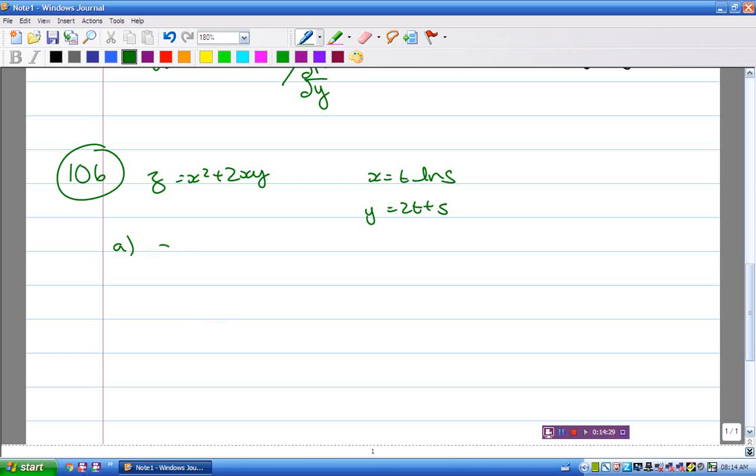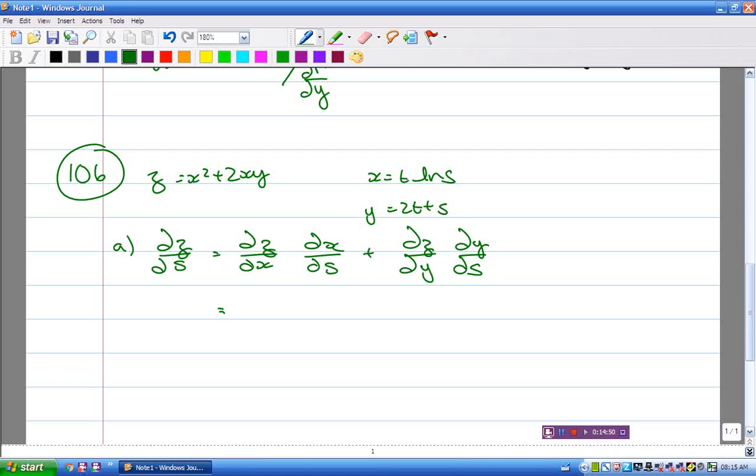Let's do that. dz by ds is dz by dx times dx by ds plus dz by dy times dy by ds equals. All right, and then we just differentiate. Yes, I do have that right.